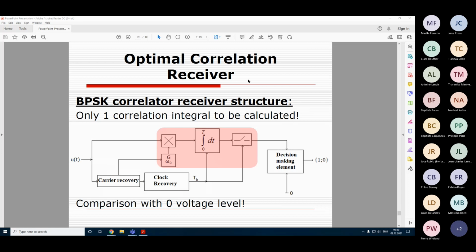And finally, for binary phase shift keying, we also use only one correlation integral, mainly because S1 is equal to minus S2.